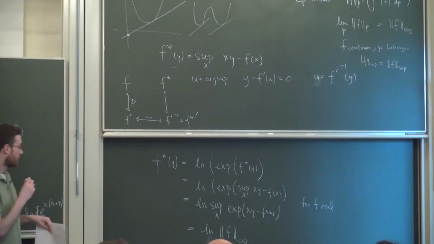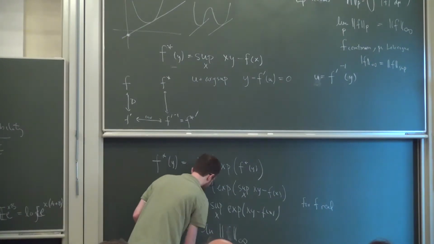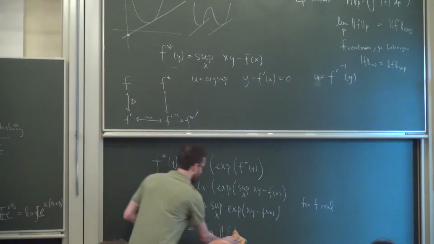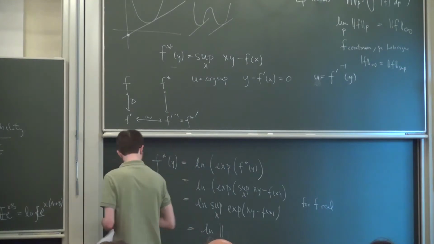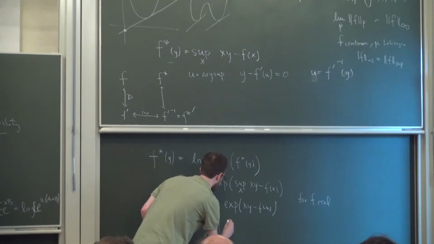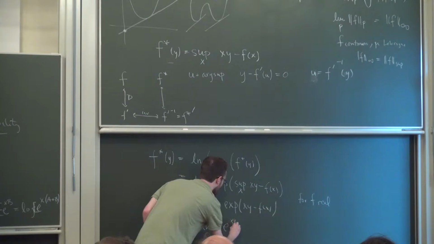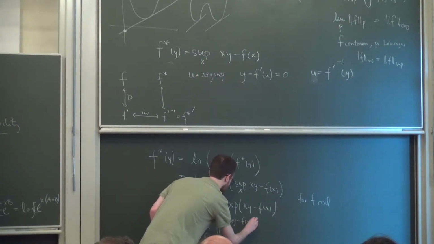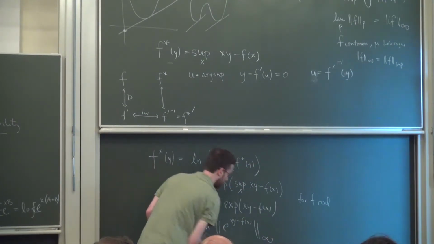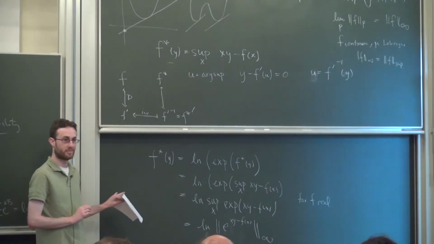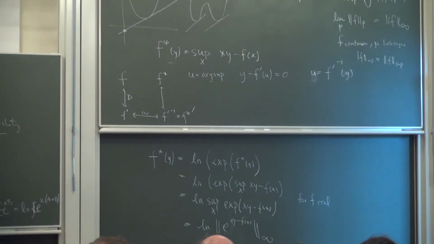Excuse me? Oh, I'm sorry, this is wrong. It's e to the xy minus f of x. Is that better? At least correct? Okay.